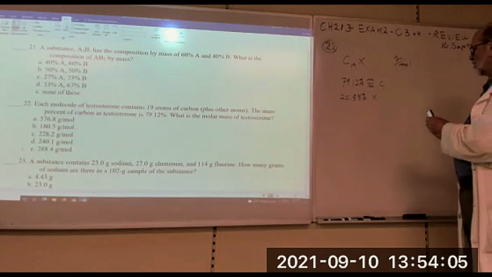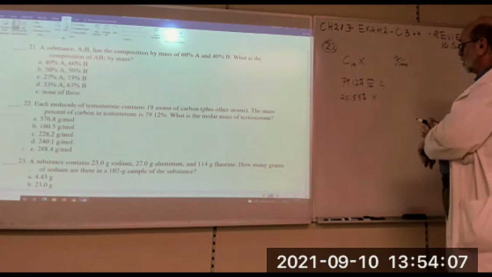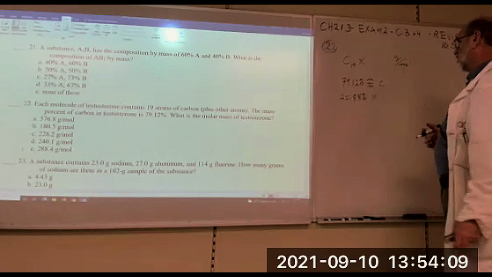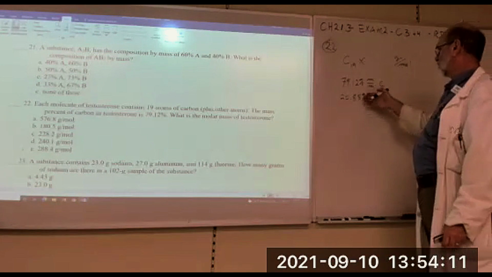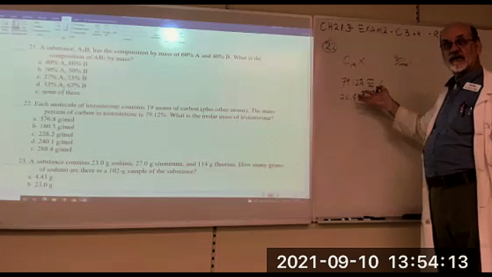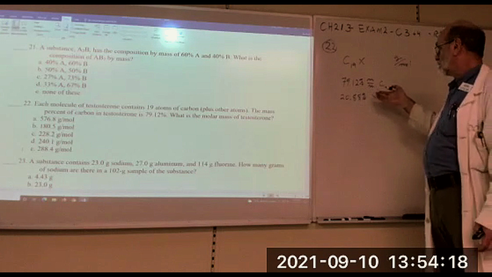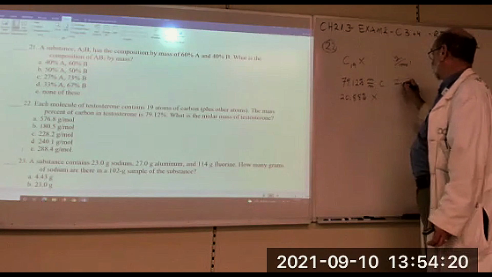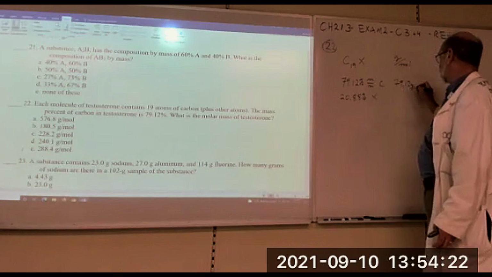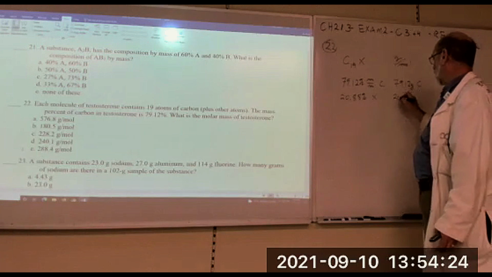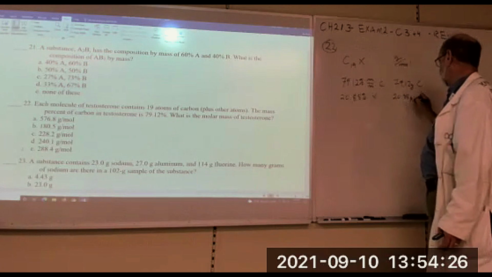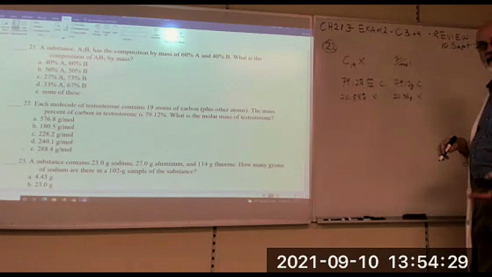So how are we going to get there? Well, we know we can't work with percent, so we need a mass. What if we just say we have 100 grams? Then we have 79.12 grams of carbon and 20.88 grams of whatever else.